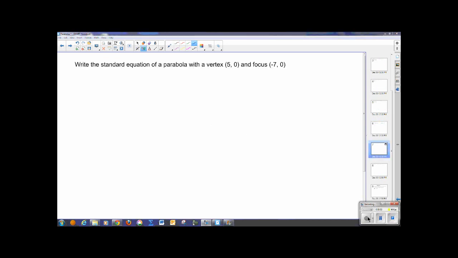So in this problem, rather than being asked to identify where the vertex is, where the line of symmetry is, we're asked to write the equation of the parabola. And we're given a vertex and a focus.